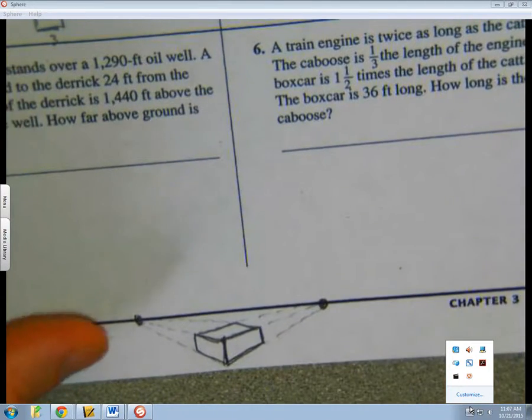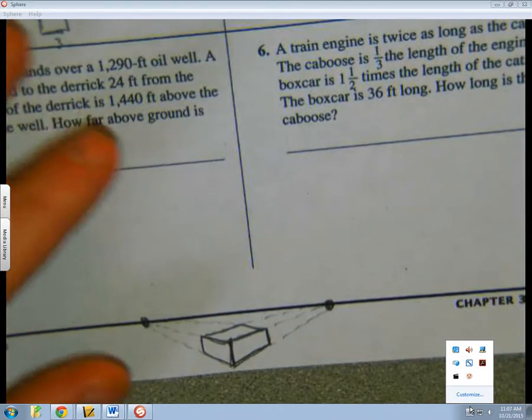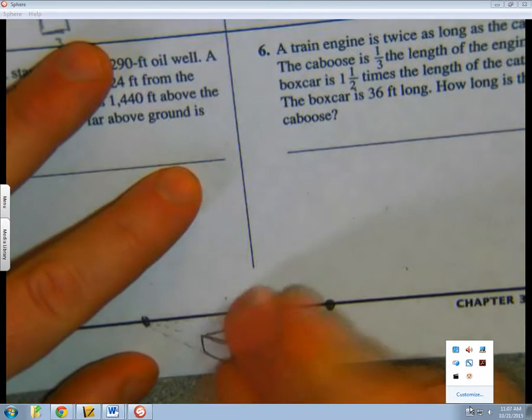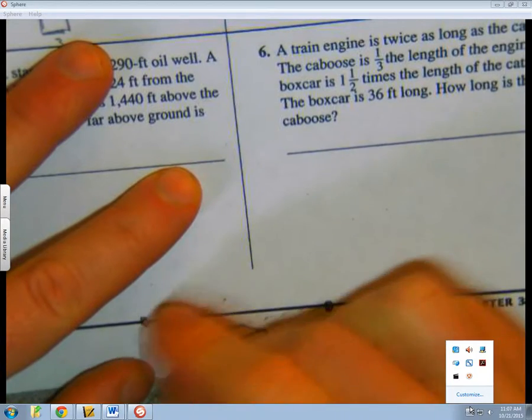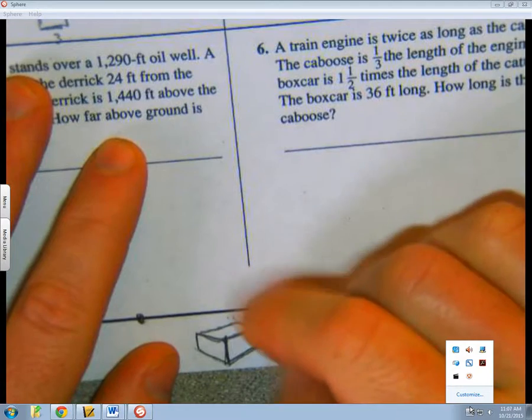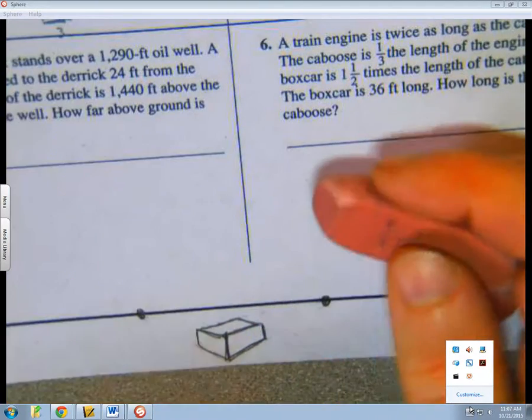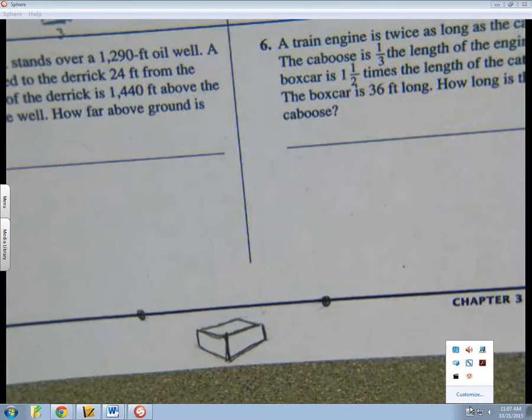So let's go ahead and erase those dashed lines. So there you have it. Hey, Rod.